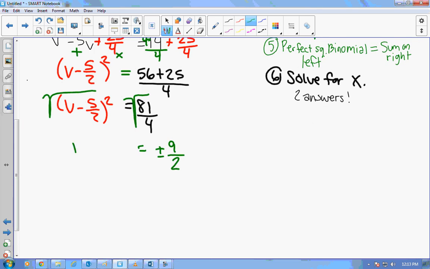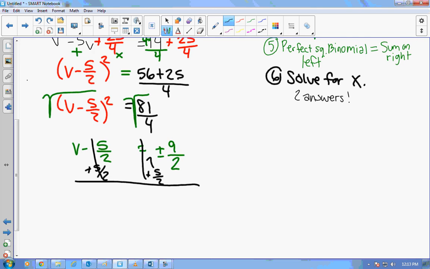On the left, we just have b minus 5 halves. Okay, Emily, what would we do now to solve for b? Yep, to both sides. Now, careful. Add 5 halves. Where do I actually add the 5 halves?